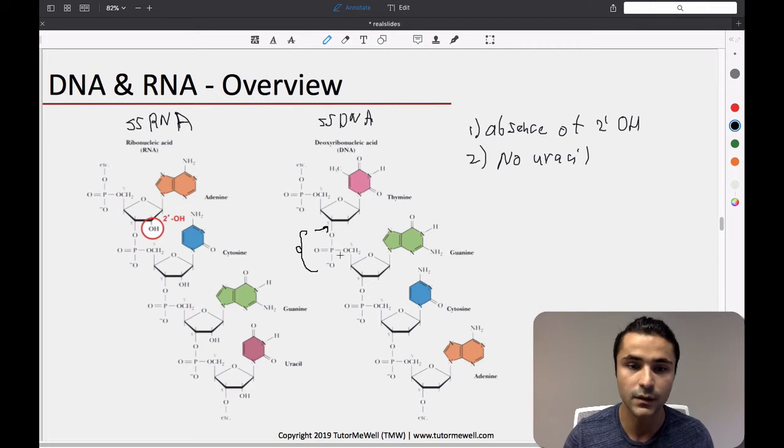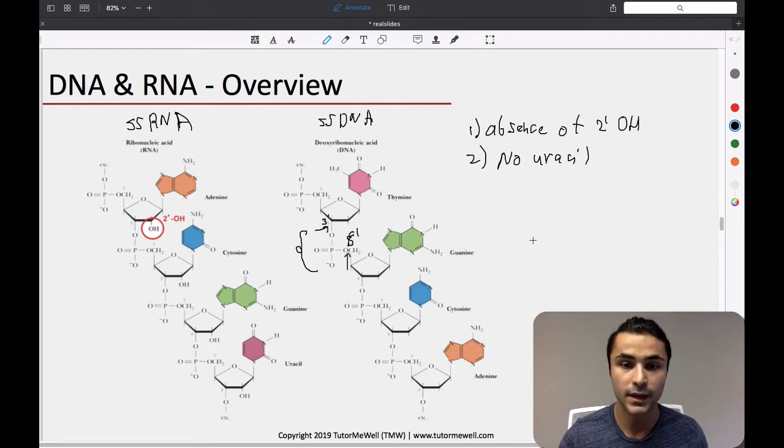That's one of the ester bonds, and the other one is right here in between oxygen and carbon. I'm going to put 3' in here, and you can see this 5'. So it's a 3' to 5' phosphodiester bond.